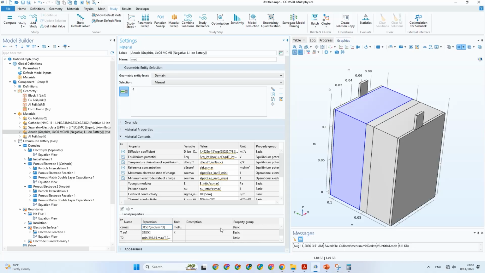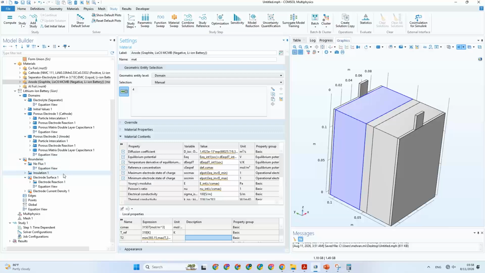This is local variable, not variable T. Oh, I understand what that is. It can be added by multiphysics with heat transfer solid, maybe, because these are all temperature dependent.